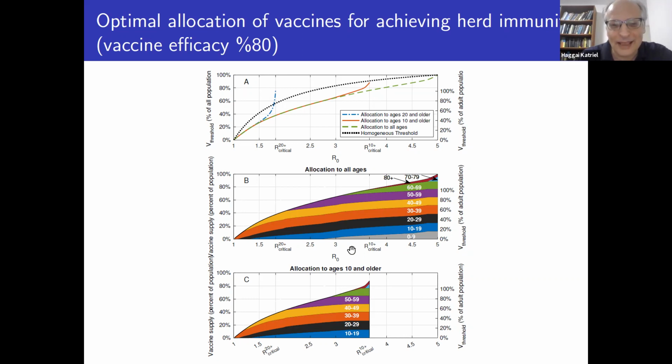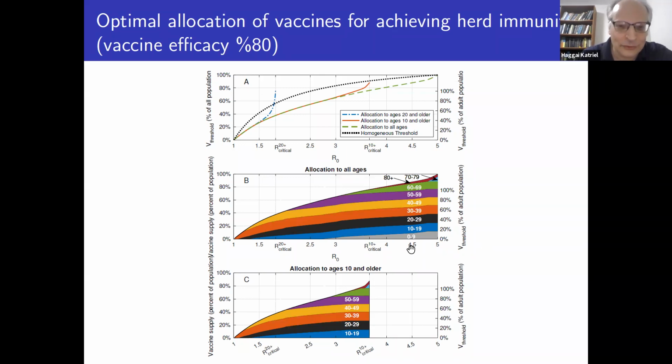So what you see here, actually, if you look at, let's say, R naught equals 3, you see that to achieve herd immunity with the least number of vaccinations, you would not vaccinate the older people at all.